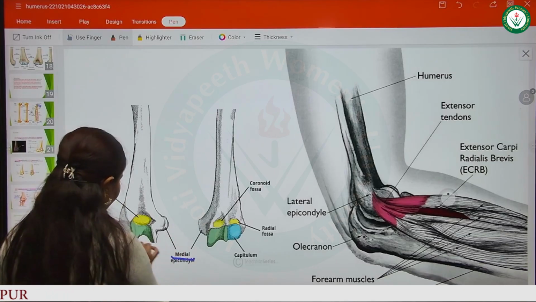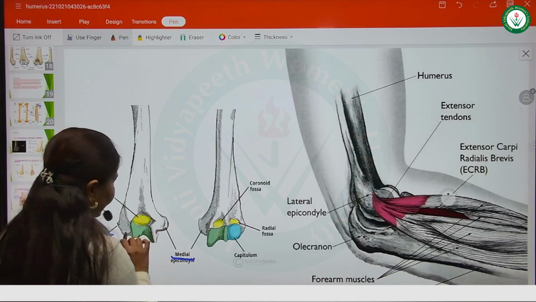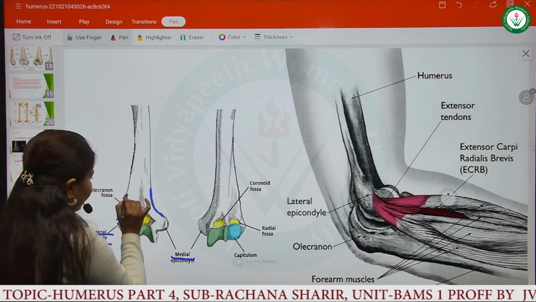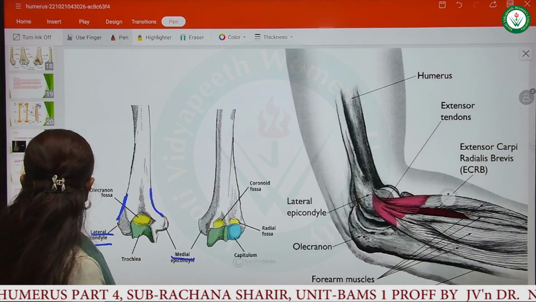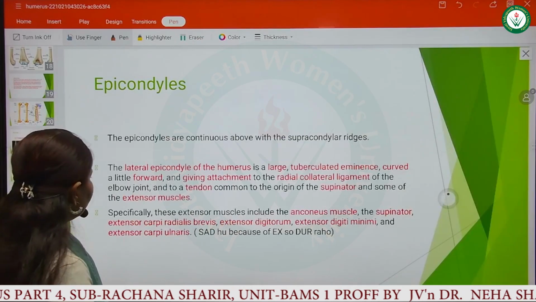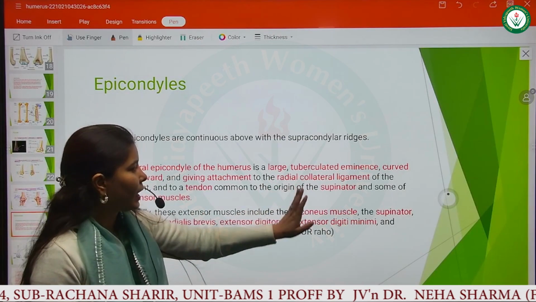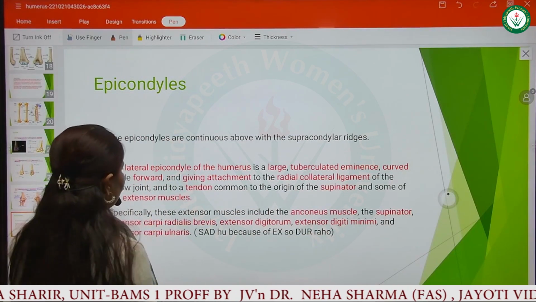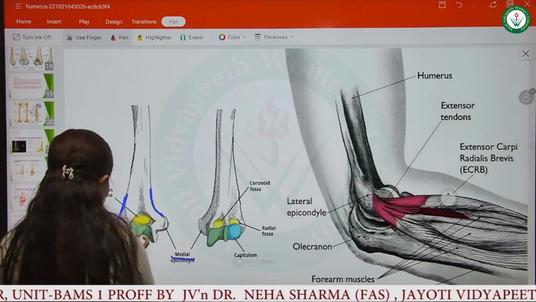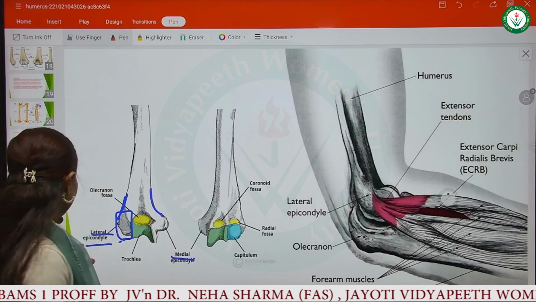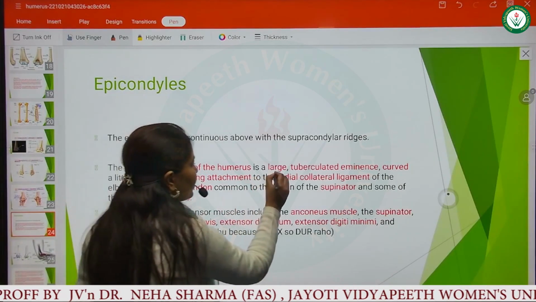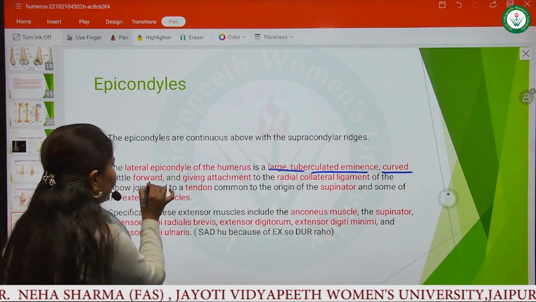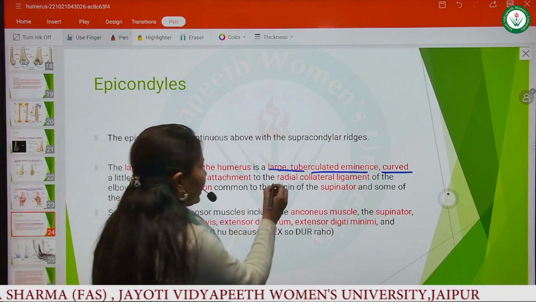This is the medial epicondyle and this is the lateral epicondyle, and these are called the supracondylar ridges. The lateral epicondyle of the humerus is a large tuberculated eminence curved a little forward, giving attachment to the radial collateral ligament.